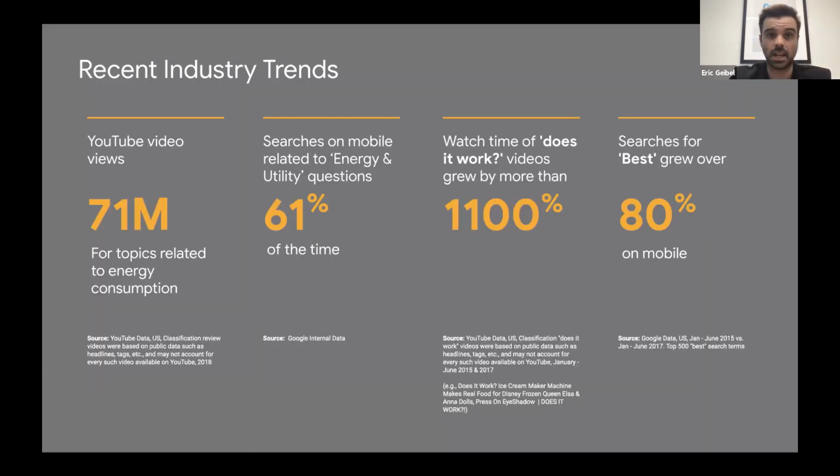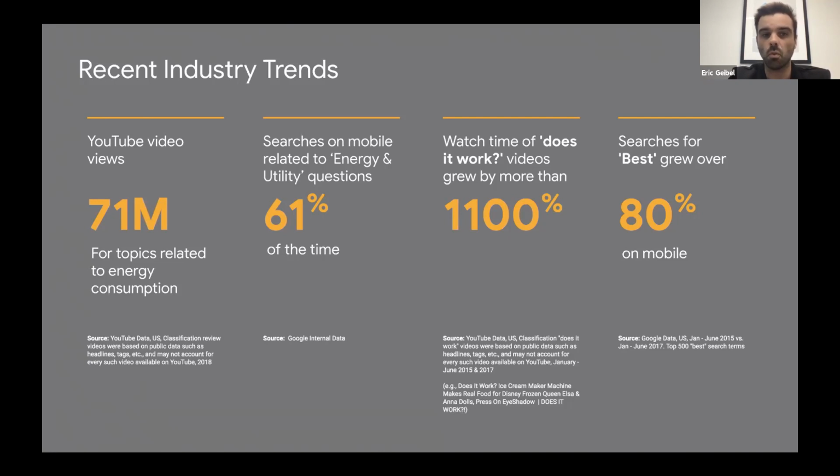Here are some of the recent industry trends that we're seeing from a Google perspective in terms of the energy and utility space, right? So as part of this investigation on my phone, I went on YouTube and I searched how to lower my energy bill. I also searched for how to better utilize my Nest, which is actually a Google product, in order to increase energy efficiency. I'm like a lot of people.